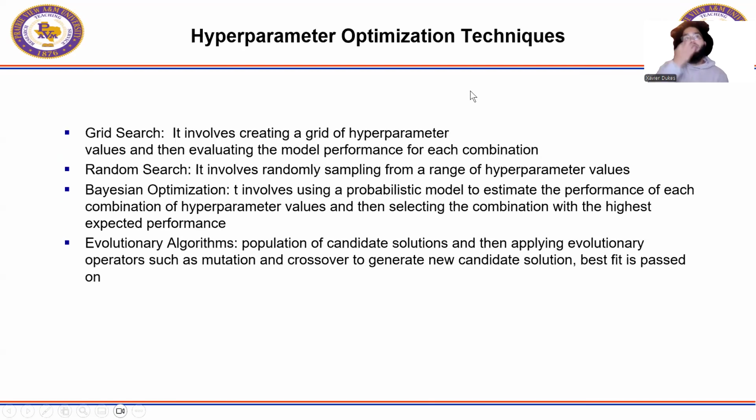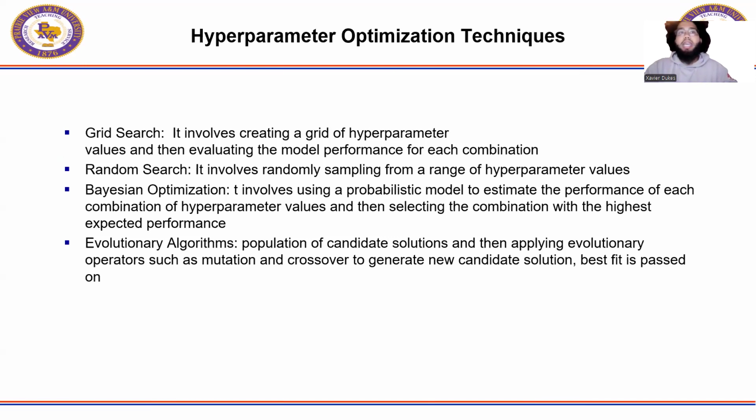Hyperparameter optimization. Different ways that you can optimize your hyperparameters and allow for the most efficient means of convergence of a model. That includes the grid search, which is creating a grid of hyperparameter values and evaluating each model's performance based off each combination in that grid. You have the random search where you just select random hyperparameters until you find some that are working really well together.